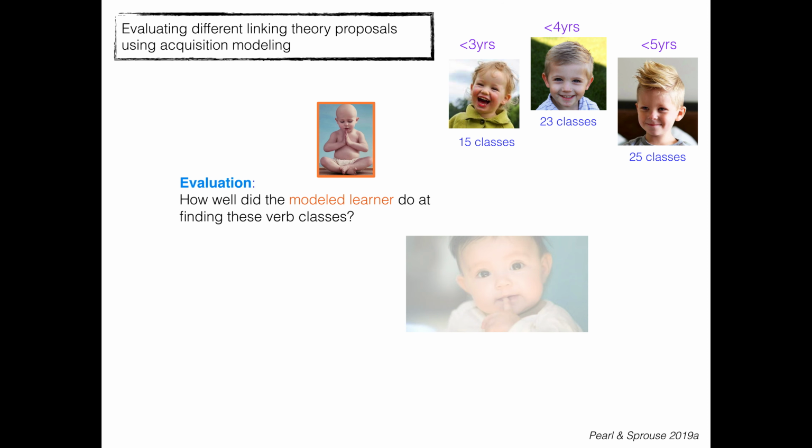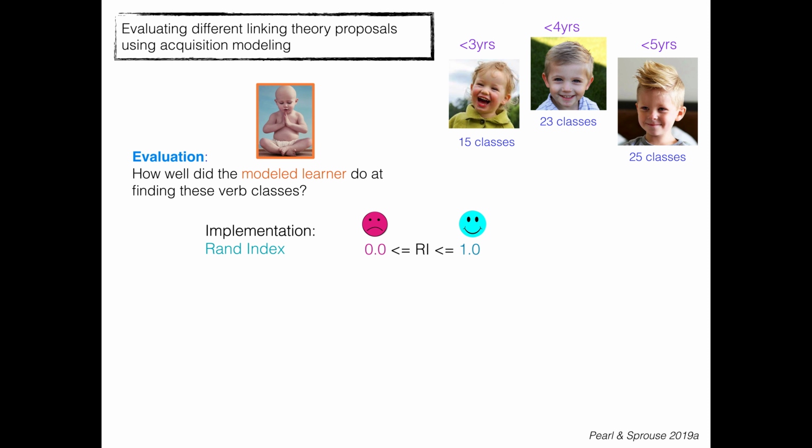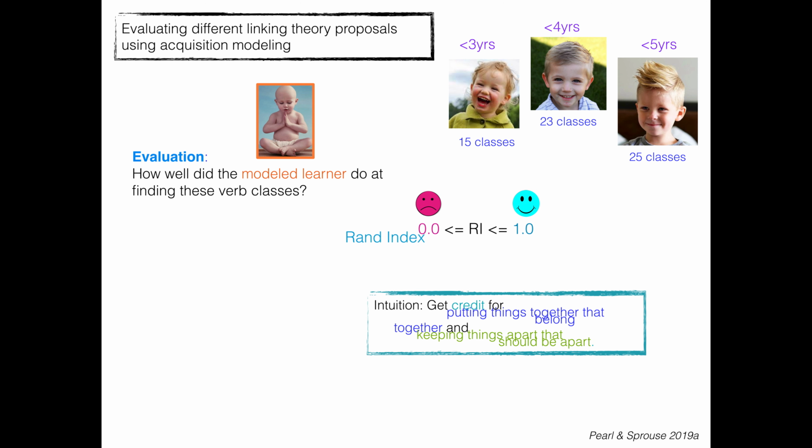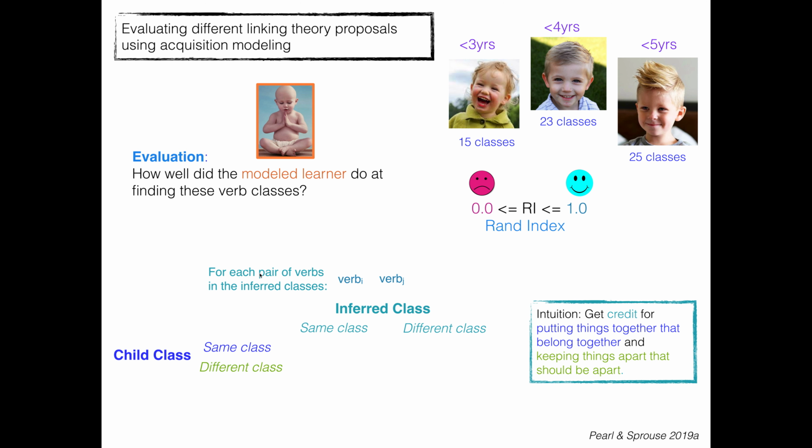So the evaluation that we use is the RAND index, which ranges between 0 and 1. 0 is sad, 1 is beautiful, right? And I like it because it gives you credit for putting things together that belong together and also for keeping things apart that should be apart. So in particular, for each pair of verbs that our modeled learner put into classes, right? If for actual children, those two verbs are in the same class, and for our modeled learner, those two verbs were in the same inferred class, that's a true positive.